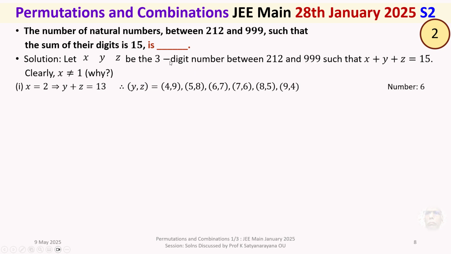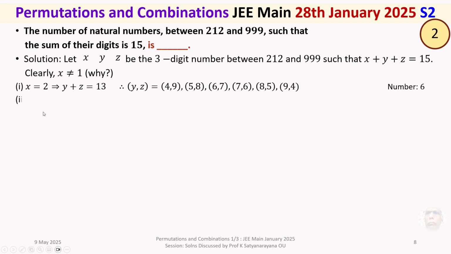That means the three-digit numbers are 249, where 2 plus 4 plus 9 is 15; 258, where 2 plus 5 plus 8 is 15; and so on. So how many possible numbers are there? 6: 1, 2, 3, 4, 5, 6.